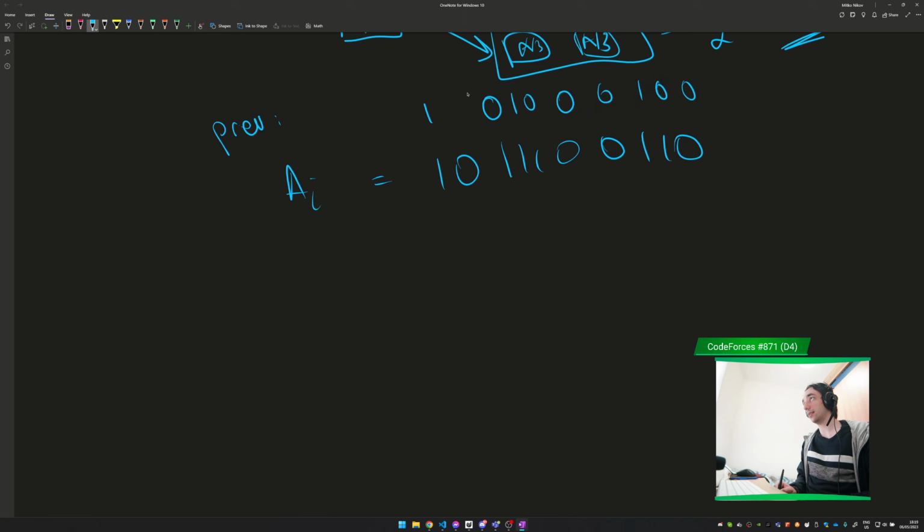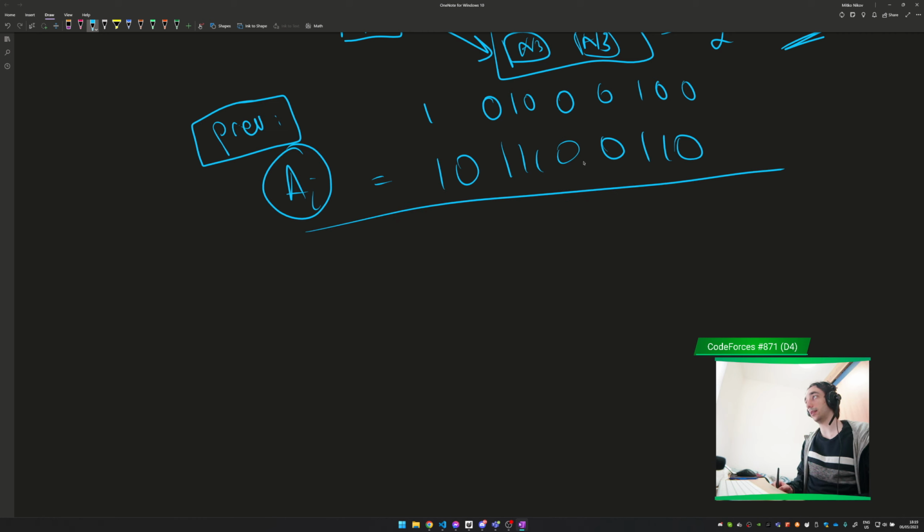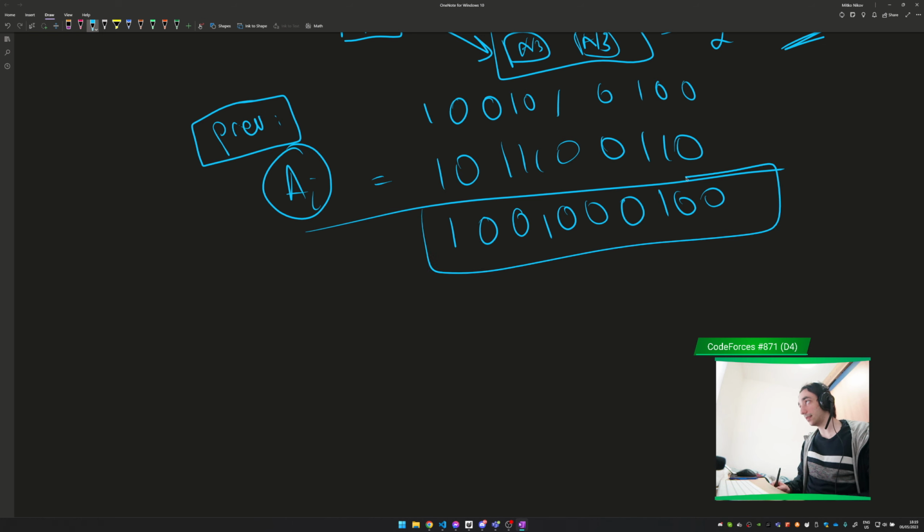If I take this position as my previous subsequence and I add A_i to the end of it, we get some other value. Let's say this bit is on here, so this is 1, this is 0, then this is 0, this is 1, 0 0 0 1 0 0. Now this is my end.